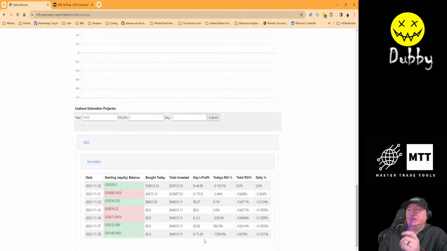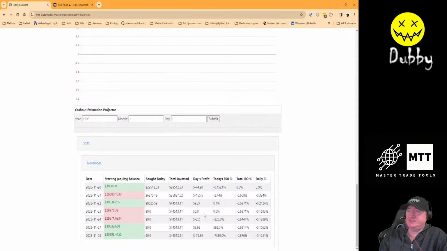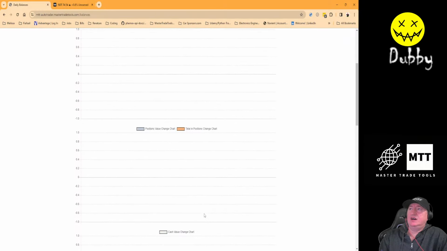However, even though we have been closing out, I told you we're going to be closing out these positions that were initially going to start going bearish from the start and getting stopped out. So that's fine. We've lost 44 in a couple positions, 155 on this position, and $73 yesterday in total positions that we got stopped out at.